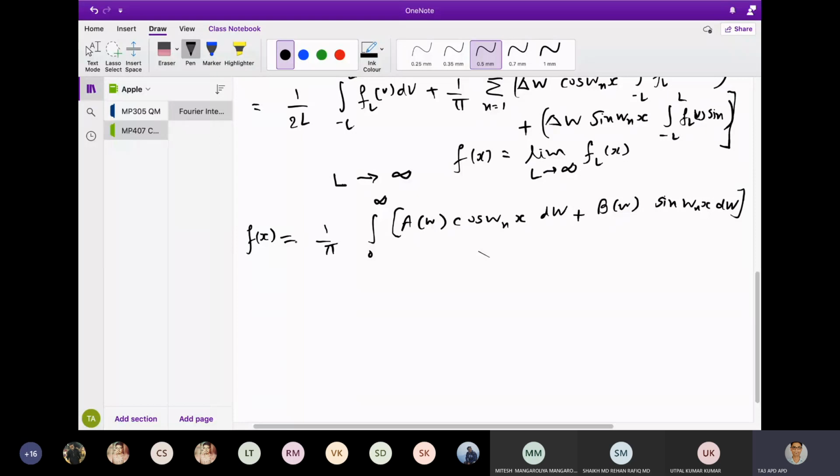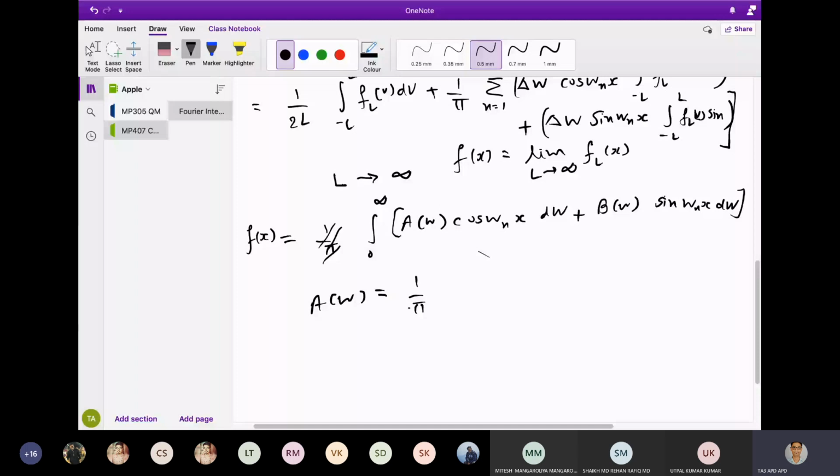So your f(x) is equal to the integral from 0 to infinity of A(w) cos(wx) dw plus B(w) sin(wx) dw, where our coefficients are A(w) equal to 1 over pi. So we can replace this 1 over pi in our integrals. I'm removing it from here, and you can simply write 1 over pi integral for both the A and B coefficients, because that is where it belongs.